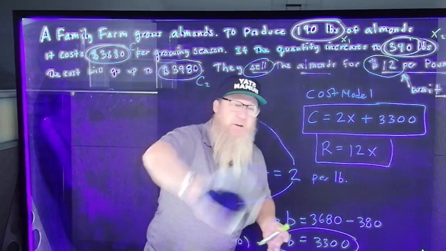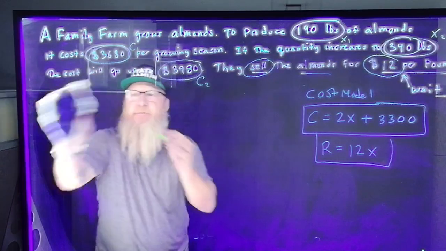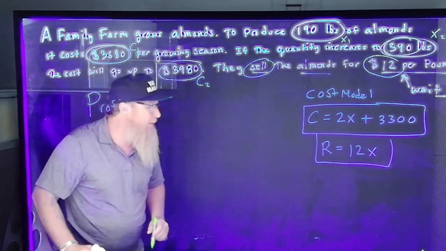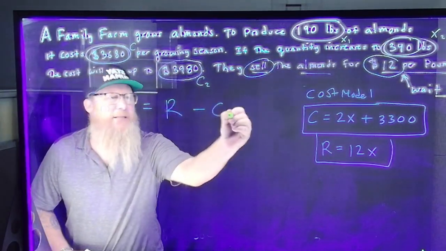One of the questions that's very important is not just how much you're spending and how much you're bringing in, but how much you're actually making, right? Profit. The profit is the revenue minus the cost.